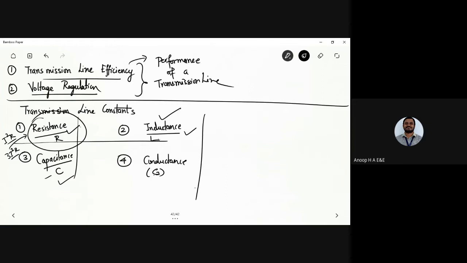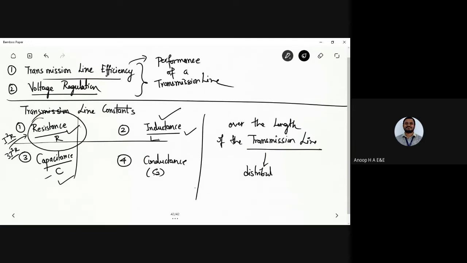These transmission lines can generally be called circuits with these transmission line constants distributed over the length of the transmission line. So we call them distributed line constants.